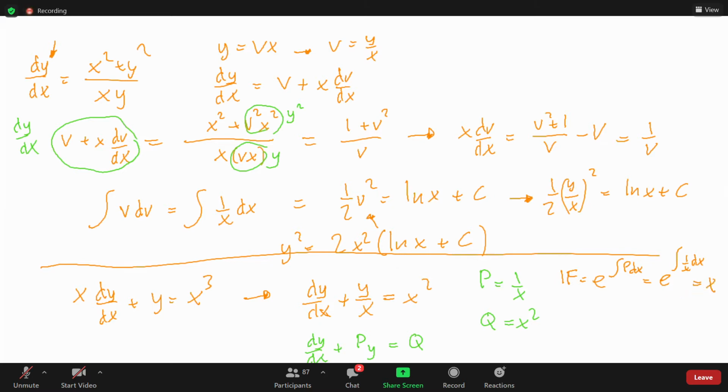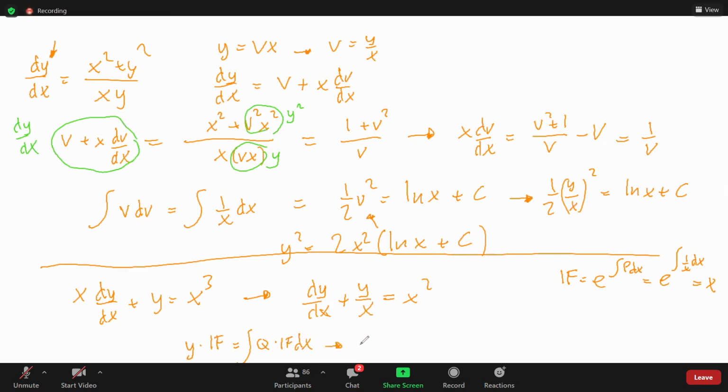We also know that the solution of a differential equation of the first order is always given by y times integrating factor is equal to the integral of q times the integrating factor in dx.